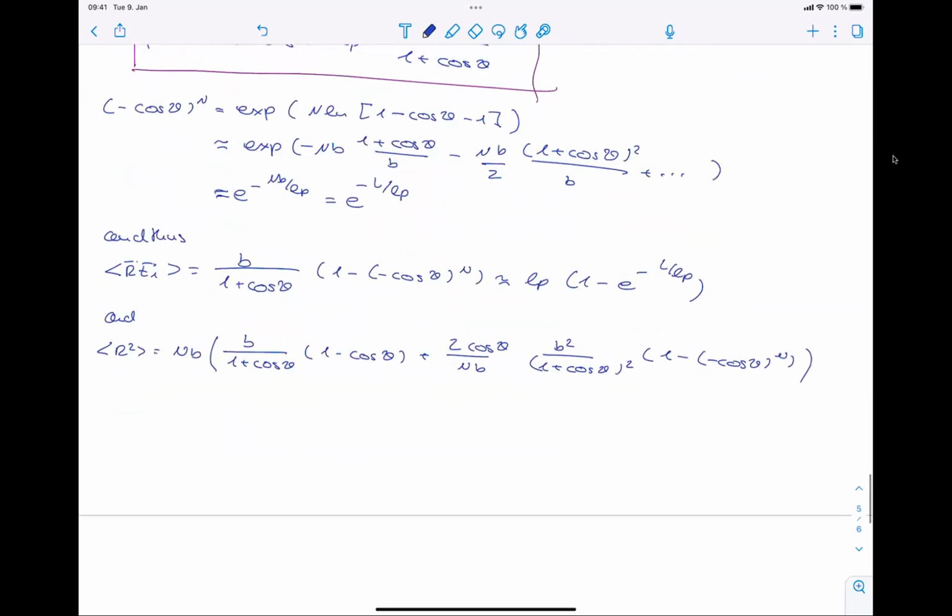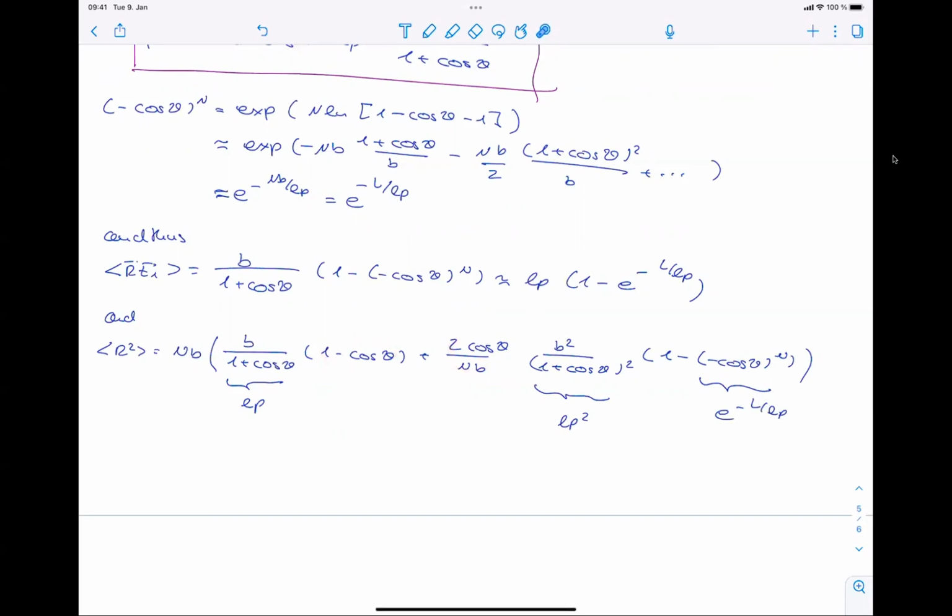And now we can identify all these nice terms that we found. So this is a persistence length. This is a persistence length squared. This is e to the minus L over LP. And now we have these two terms that are left.